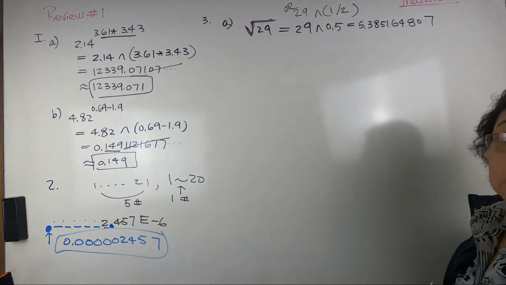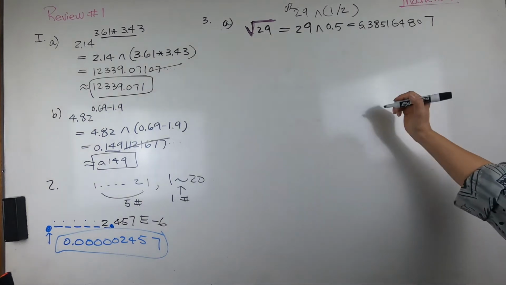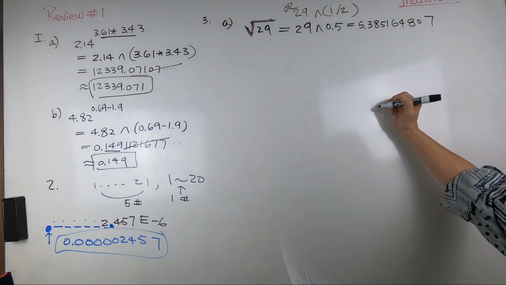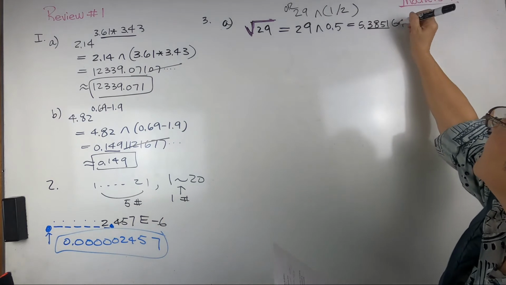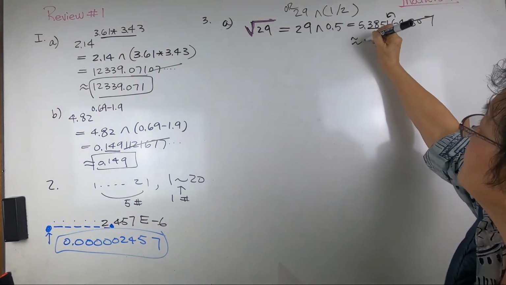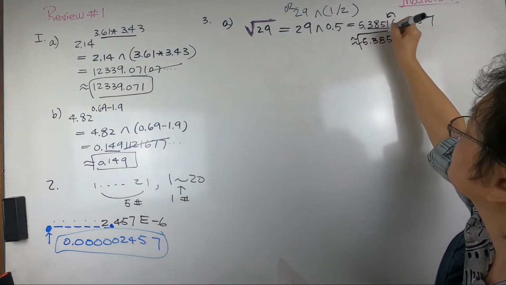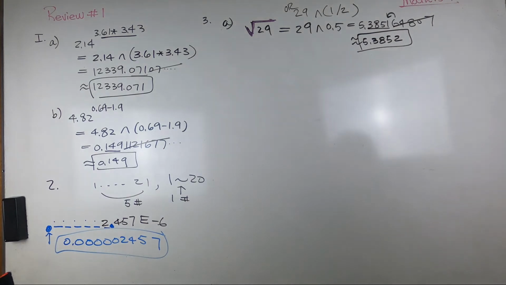You want to actually punch it in, so when you come back to school and later use the calculator in class, you have to do it yourself, okay? So how many decimal places do we need? 4 of them. You don't want a remaining digit, then this should be rounded up, so your answer should be this, right?